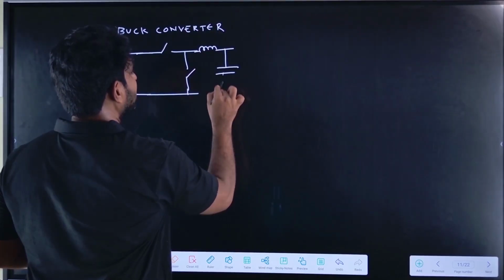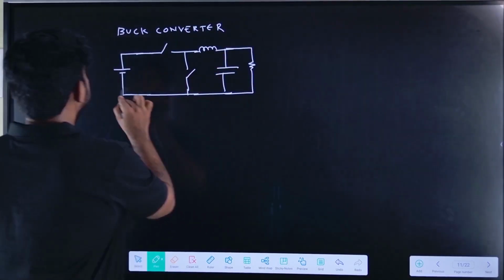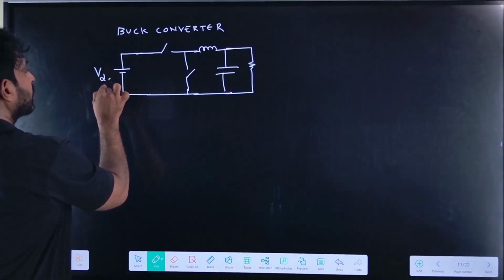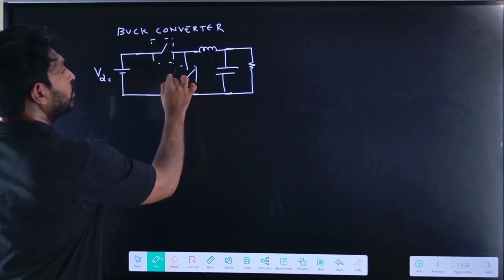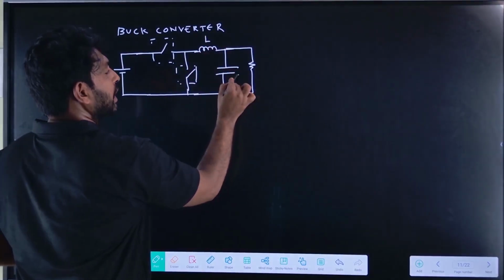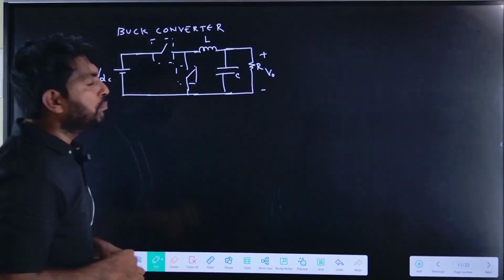The capacitance is connected here and the load here. So VDC, let us assume this switch is S1 and this one is S2, then the inductance, capacitance and the load. This is the buck converter.